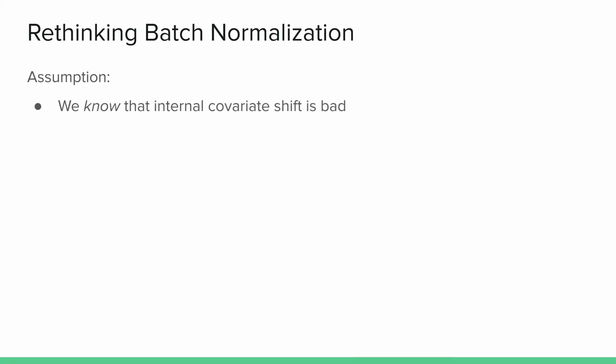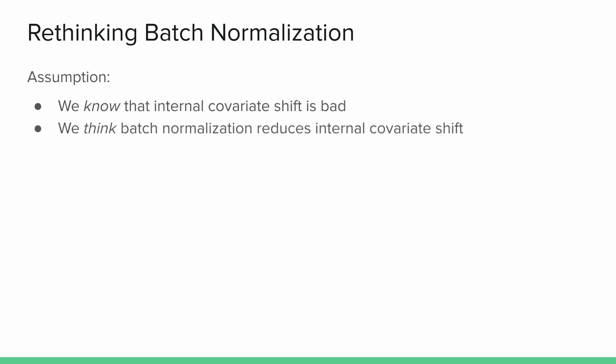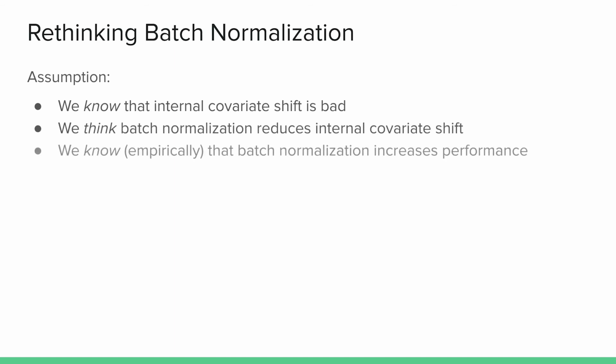Interestingly, batch normalization has seen quite some controversy because people thought that it was combating this internal covariate shift. So the assumption was, well, we know that internal covariate shift is bad. We think that batch normalization is reducing that. So we know that empirically, when we train and we use batch normalization, the performance increases.